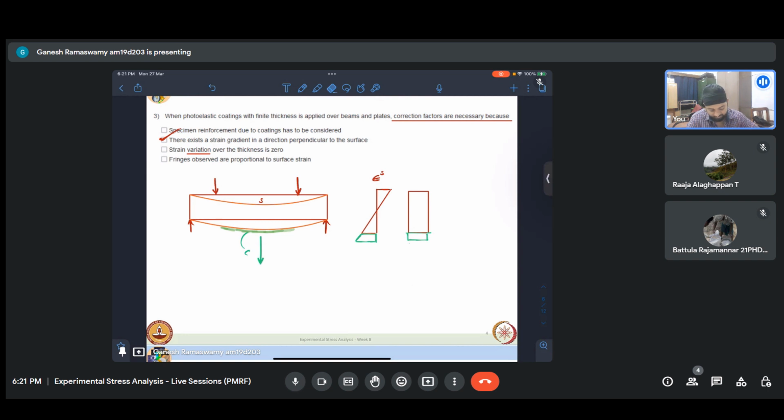So specimen reinforcement due to the coating has to be considered. Yes, this is true. Only thing is, if we have very thin coating, then this can comfortably be ignored. But since we have qualified in the question that we have coatings with finite thickness, essentially these need to be considered. So I hope that this is clear.